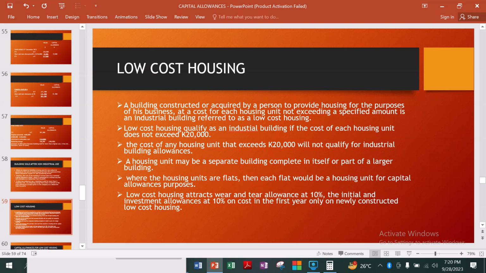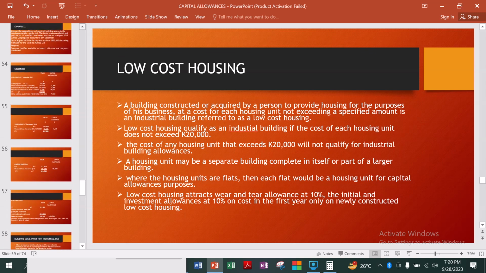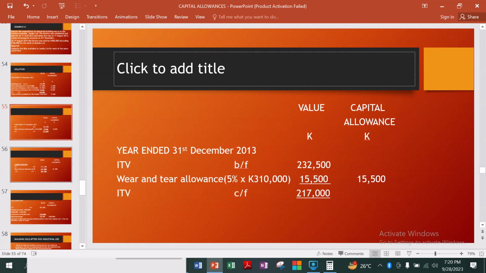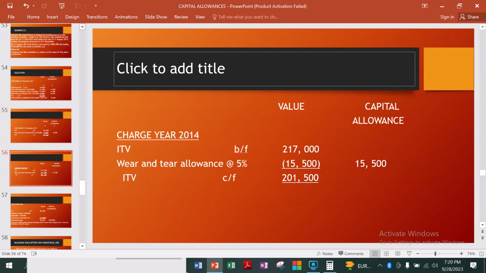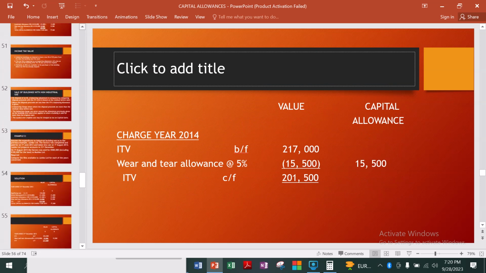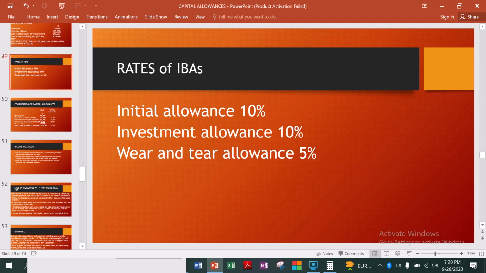Unlike what we saw when looking at the other kinds of buildings, I did mention something like the rates. Remember very well, I did mention here.